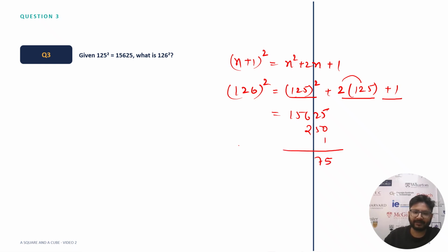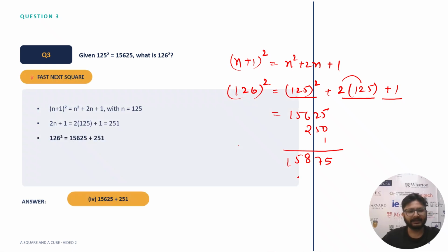So 15875 is going to be the final correct answer. So 15625 added with 251, my bad. Okay, so this is going to be the final answer for this question.